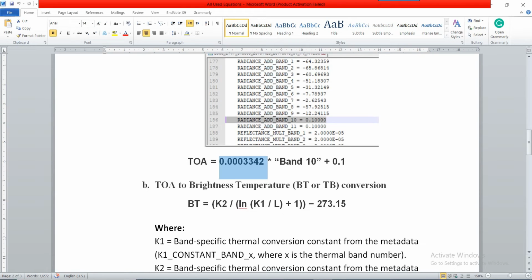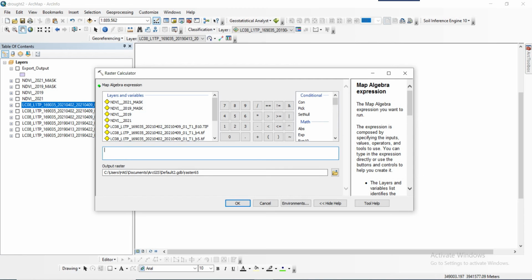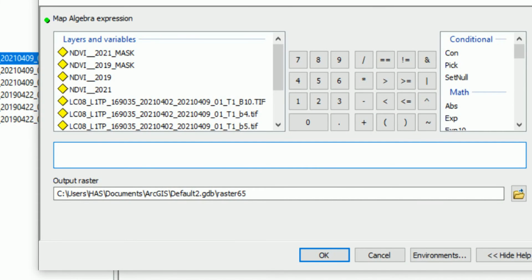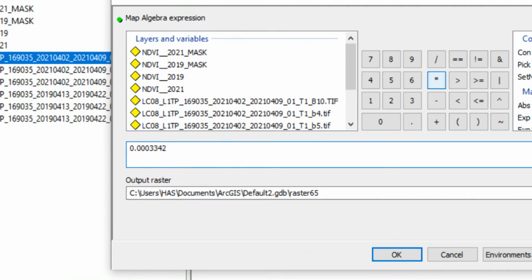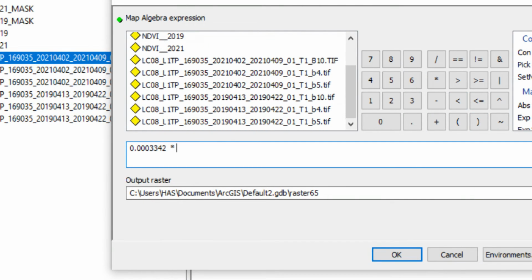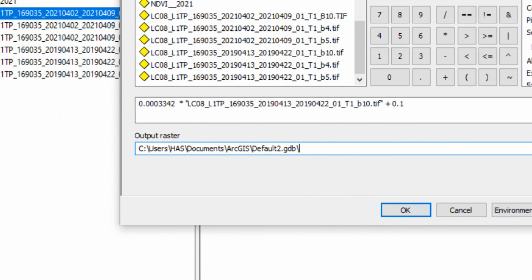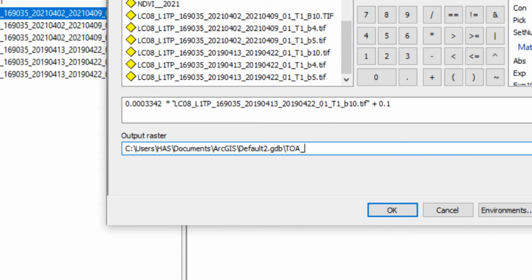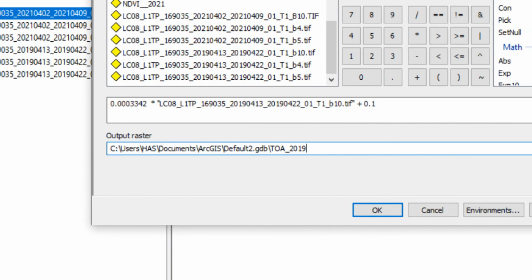We have band 10 too, so it's ready for calculation. So we have ML multiplied by band 10 for 2019 plus 0.1. So this will be the TOA for 2019.